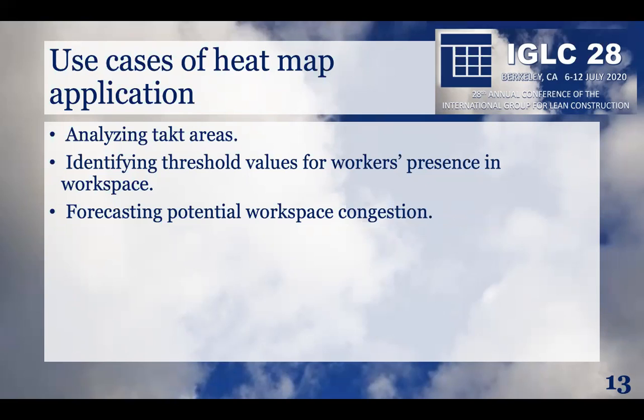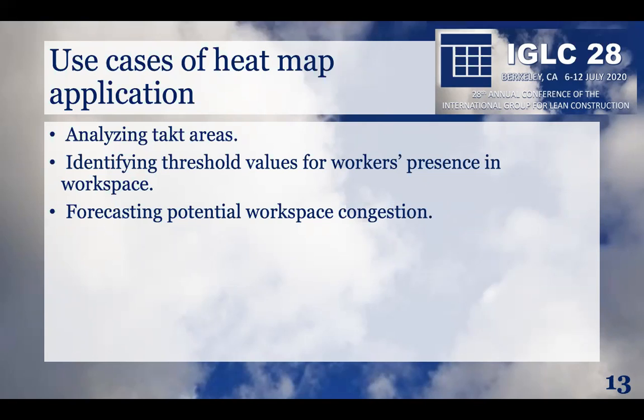And the third one is forecasting potential workspace congestion. Heat maps generated by a real-time tracking system can be used for that, because they can predict the interference degree among different tasks during the same period of task conducting time, since the system supports multi-resource tracking.